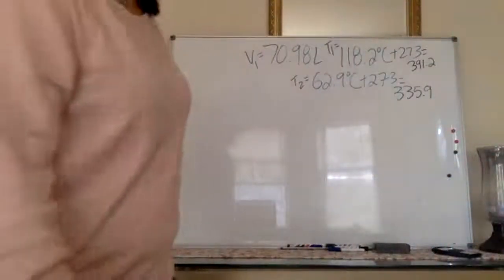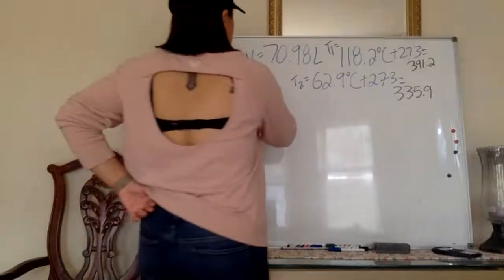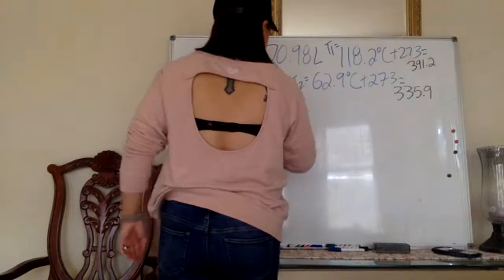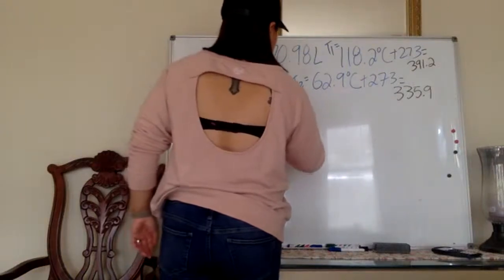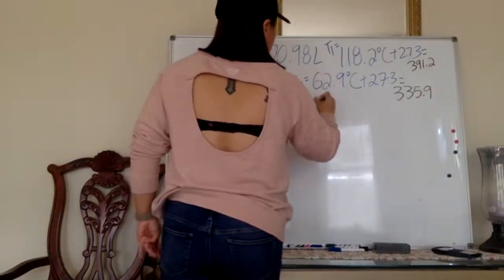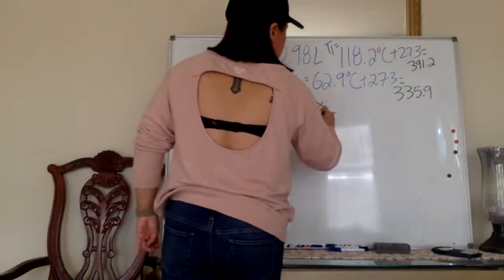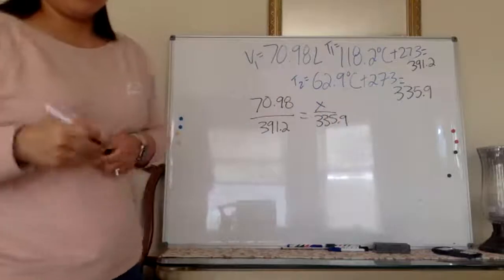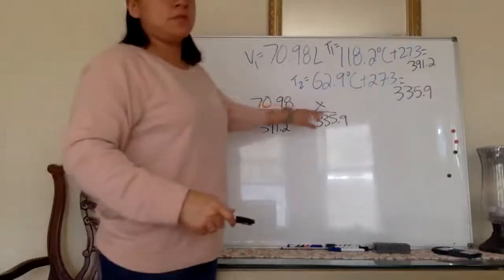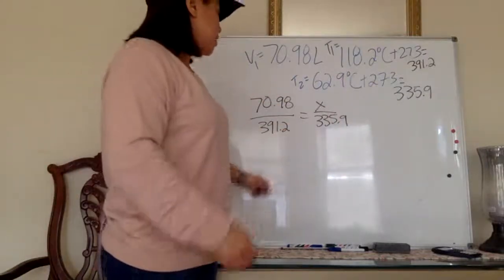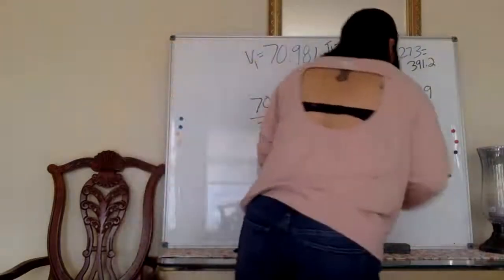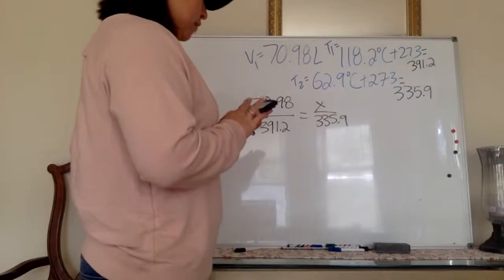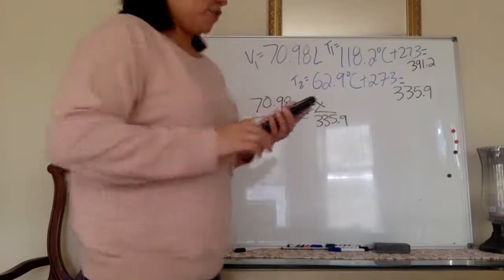So it's going to be V1, 70.98, divided by T1, 391.2, is equal to V2, which we don't know, that's our x, over 335.9. So cross multiply. 70.98 times 335.9 gives you a big number.